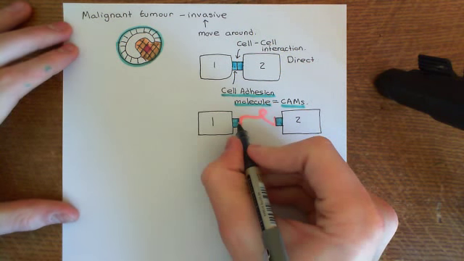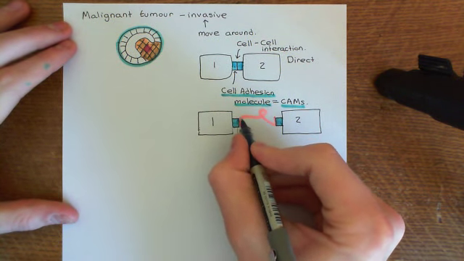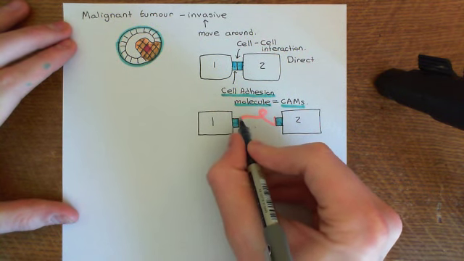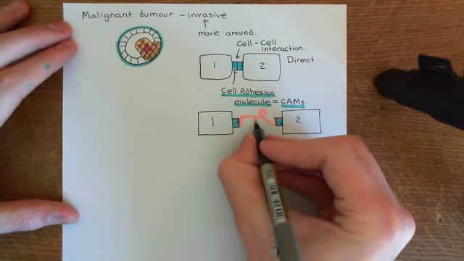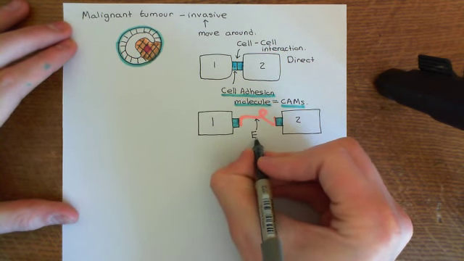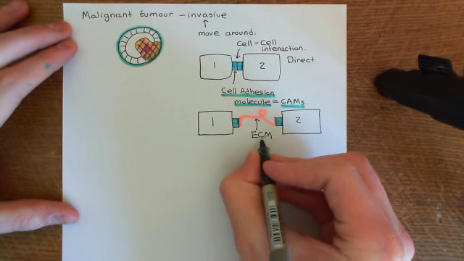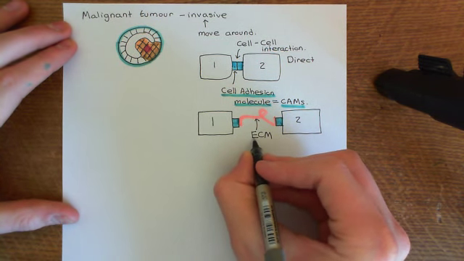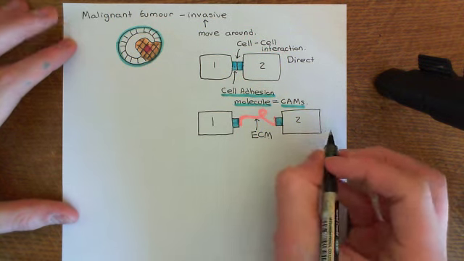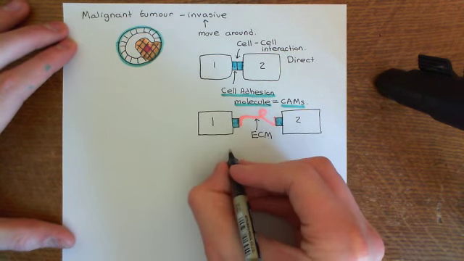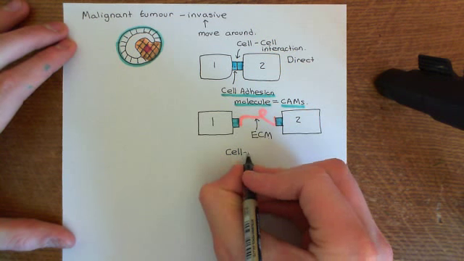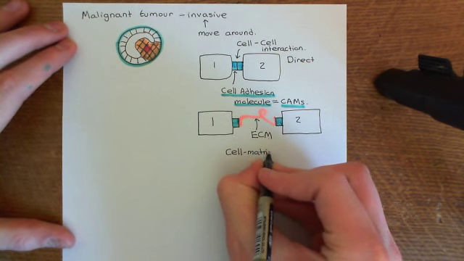Now, cell adhesion molecules on the surface of cells can attach to these components of the extracellular matrix. So this is some component of the extracellular matrix, and for short, the extracellular matrix is often abbreviated as ECM, for extracellular and then matrix. And this is what's known as a cell-matrix interaction.